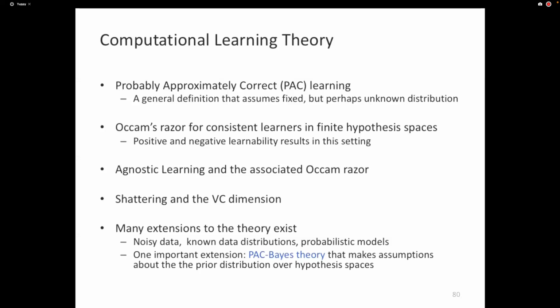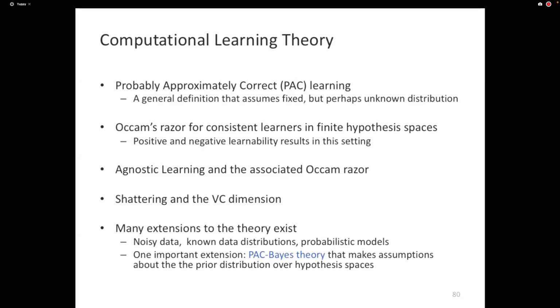And one way or another, we keep coming to this idea of Occam's razor. The Occam's razor in the consistent setting, in the agnostic setting, with finite or infinite hypothesis classes, all of them basically say if you make the set of functions your learner explores more complex, then learning with provable guarantees can be harder.